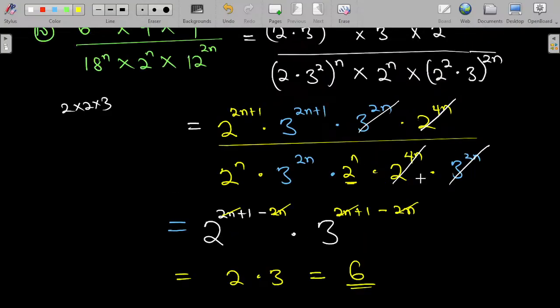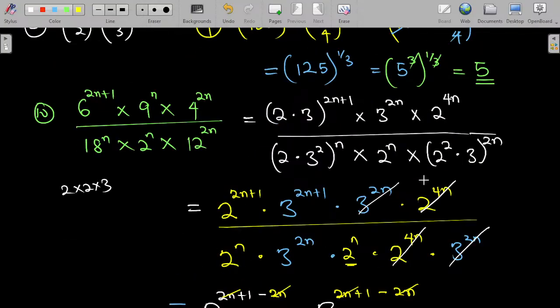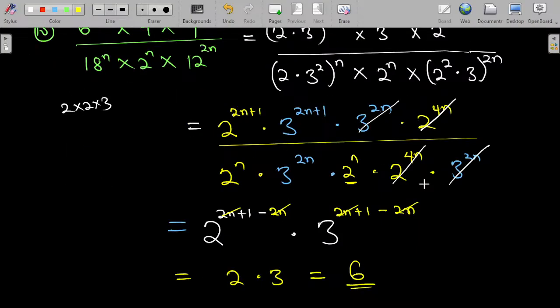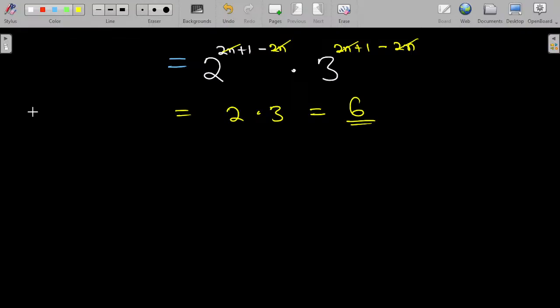And if there is any question, please don't hesitate to ask. Okay, so we move on. That's for exercise 10. Yes, that is for 10. So we go to exercise 11. And 11 says we have 4 into 2 to the power of n plus 1, close the bracket.